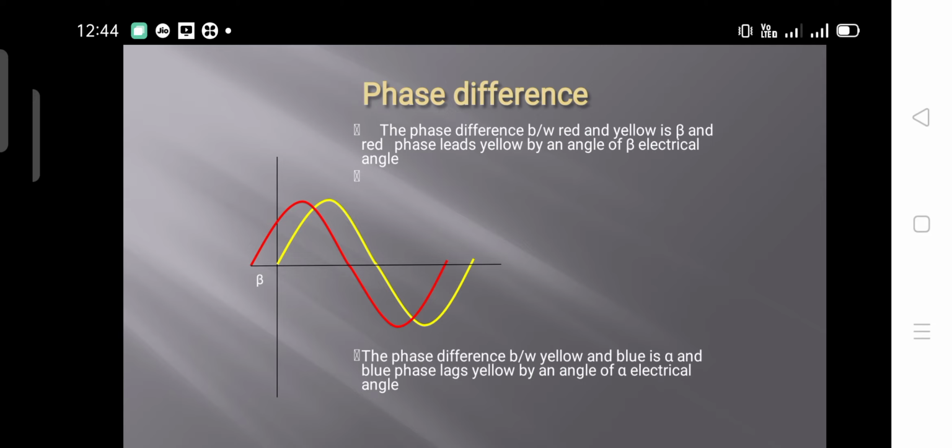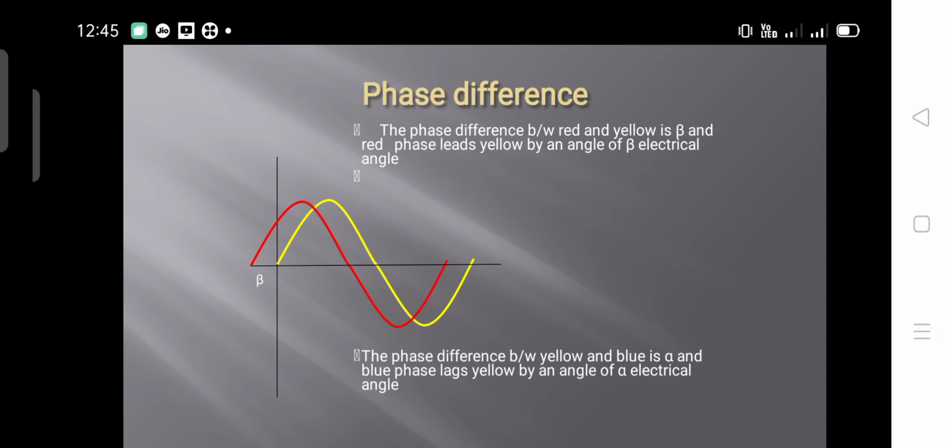Hence, we say that the EMF induced in the red coil or the red phase is going to lead the yellow one by an angle of beta, or you can say in another way, the EMF induced in the yellow one is going to lag behind the red one by an angle beta.